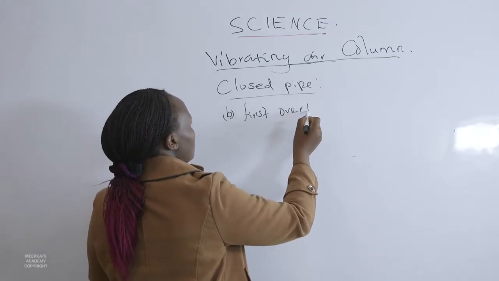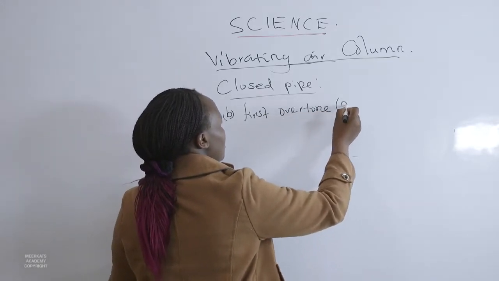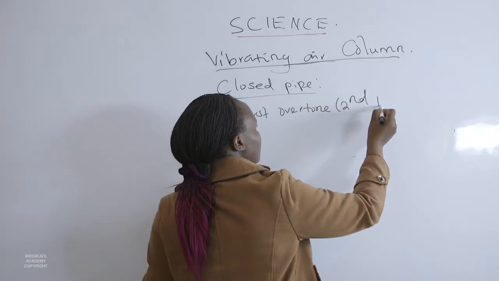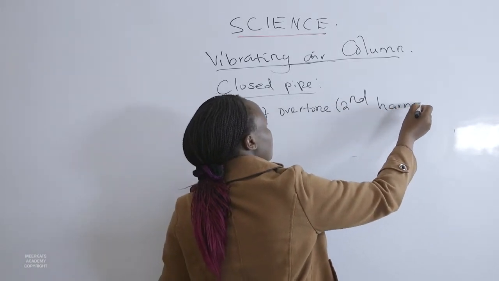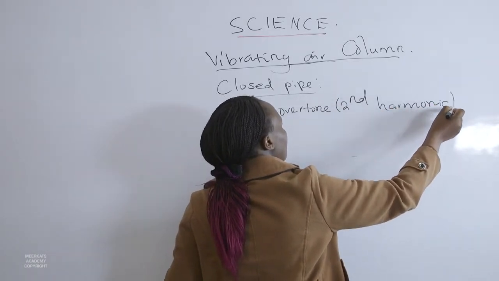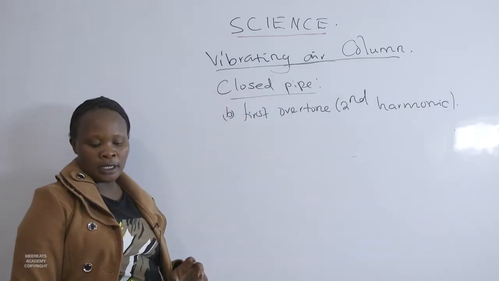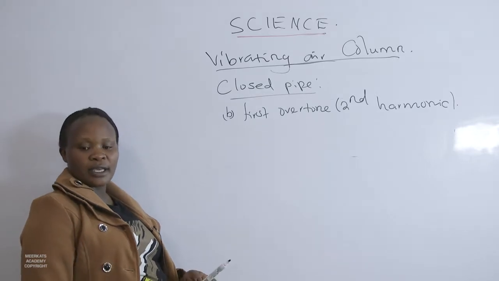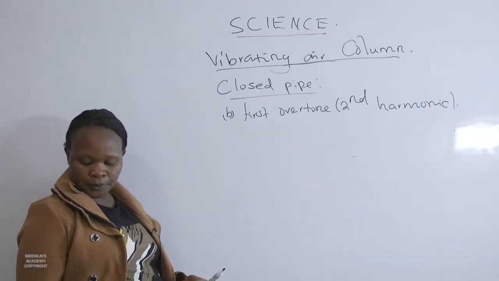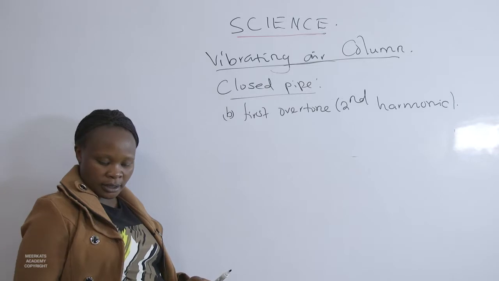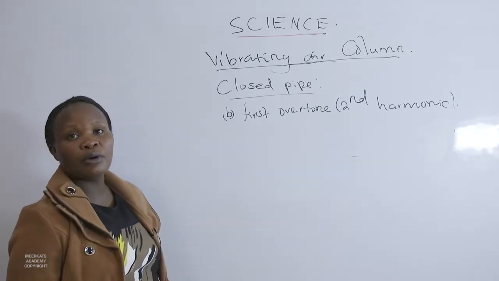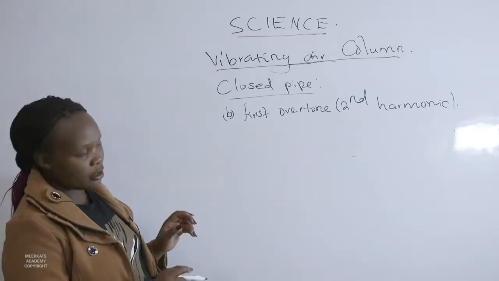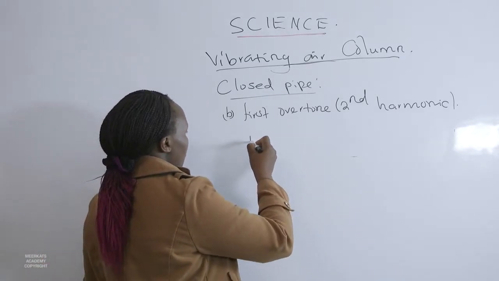Now, let us now look at B, first overtone, which happens to be our second harmonic. First overtone. This one is also what we call our second harmonic. And this, now we blow the air into the pipe.